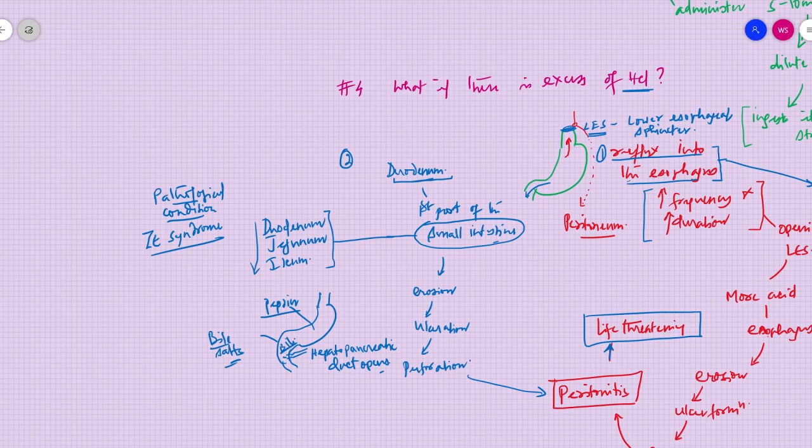Pepsin in the presence of bile salts and HCl is a very potent mixture that can really harm or degrade unprotected parts of the GIT. So all these in concert are responsible for the ulcers being formed. That is the consequence of excess of acid.